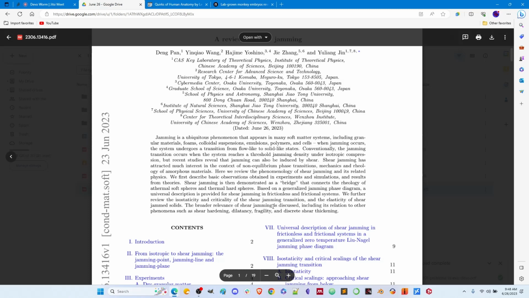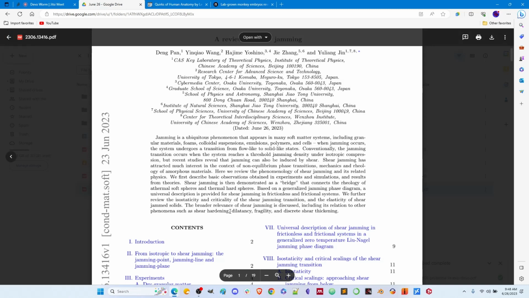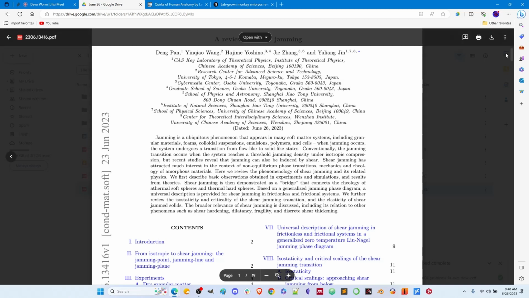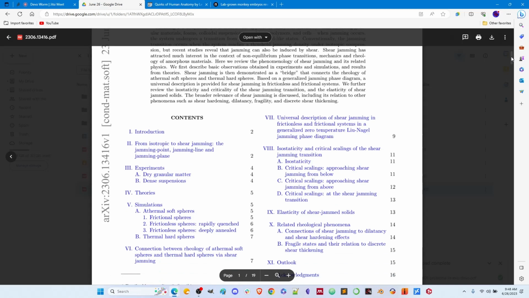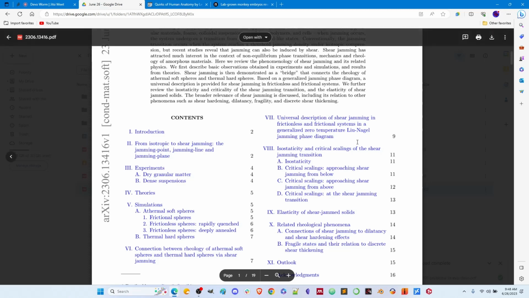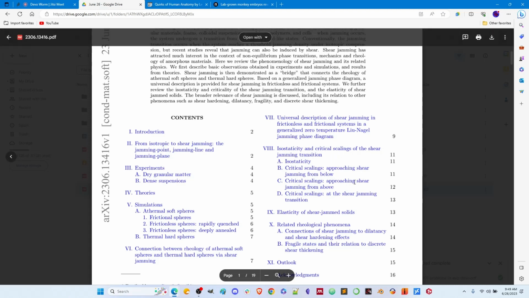The broader relevance of shear jamming is discussed, including its relation to other phenomena such as shear hardening, dilatancy, fragility, and discontinuous shear thickening. So this goes over different experiments, theories, and simulations. They have a series of simulations under different conditions: isostaticity and critical scalings of the shear jamming transition, elasticity, and then related rheological phenomena.